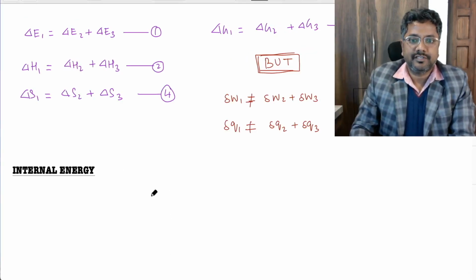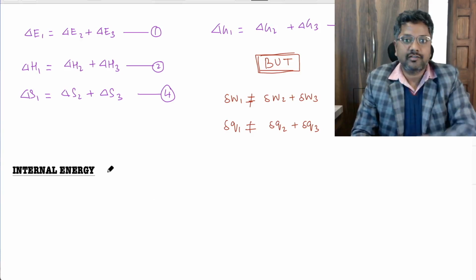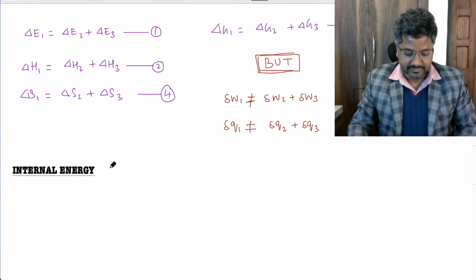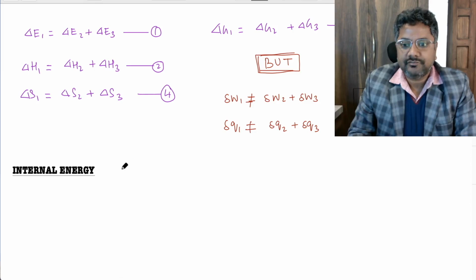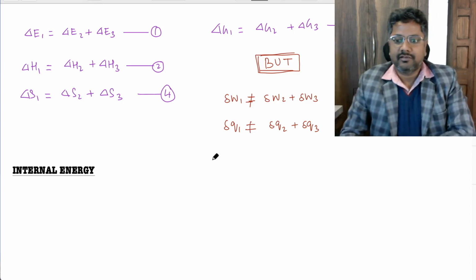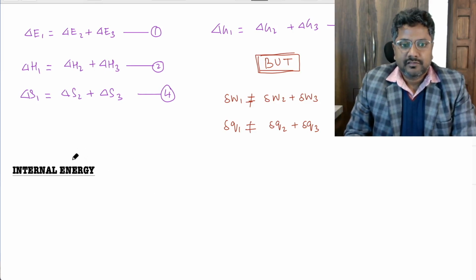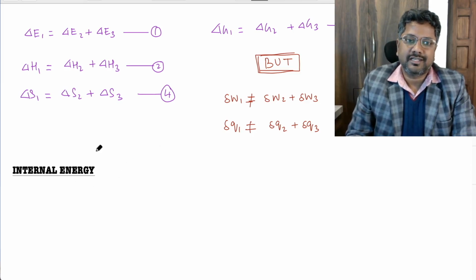Now, see, first I am taking internal energy. This is very important thermodynamic function and simply called energy. So whenever you find the term energy or internal energy, you will think about internal energy and you have to use the concept developed for this internal energy, right?